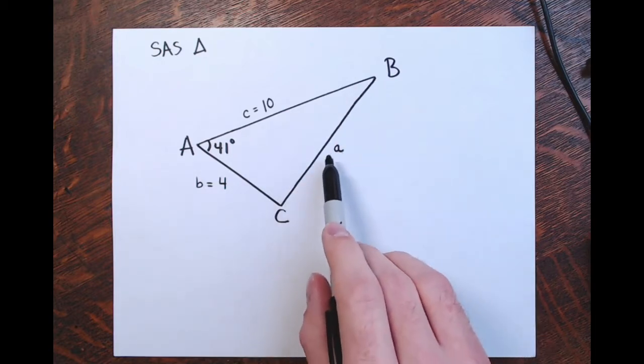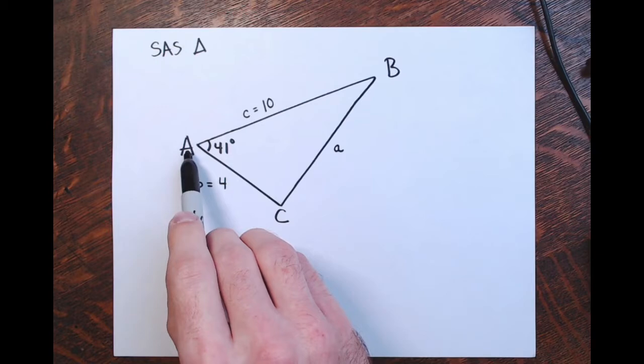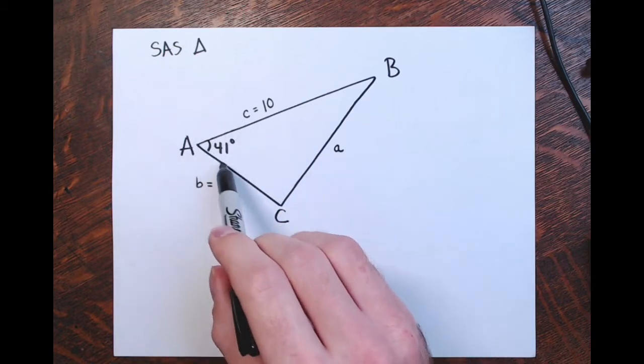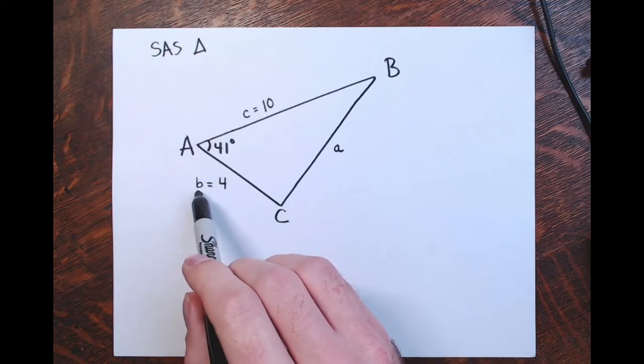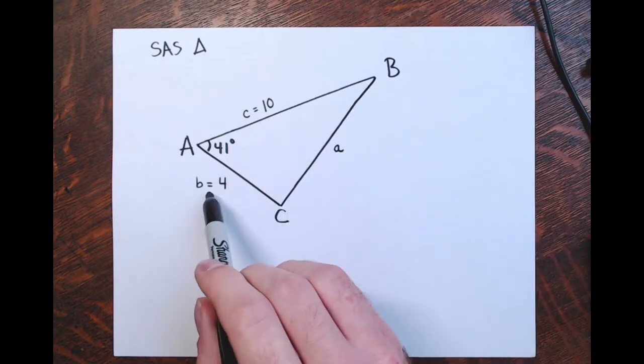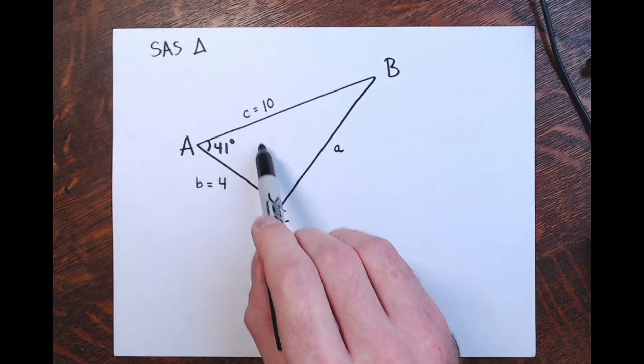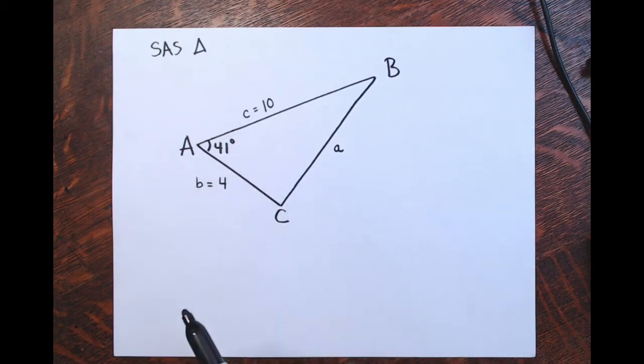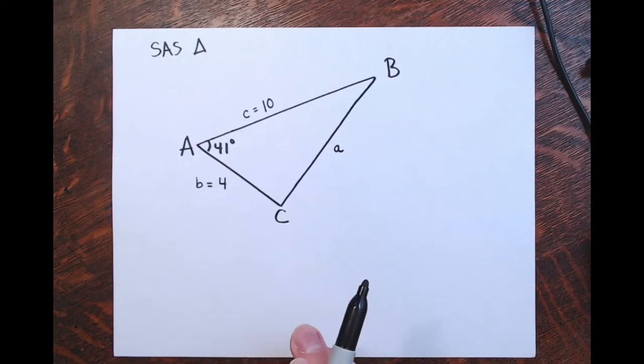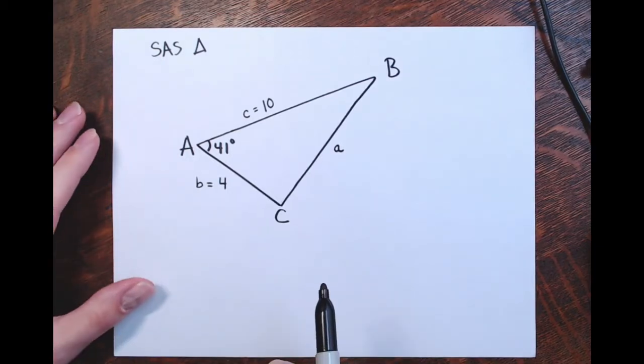So this side here has length little a, its opposite angle big A. This side here, I'm labeling little b because it's opposite angle B. And this side here, I'm labeling little c and its opposite big C. I'm going to try my best to make my big C's and little c's distinguishable.